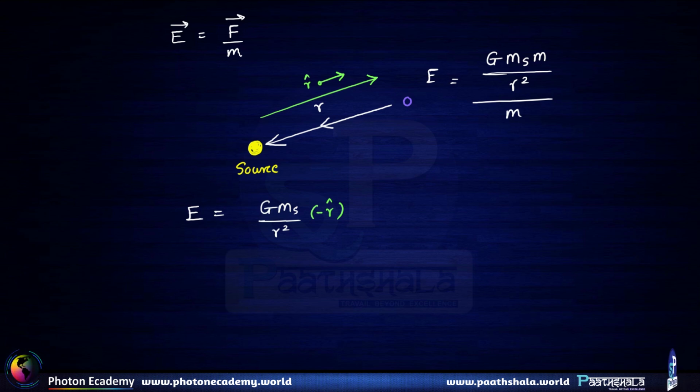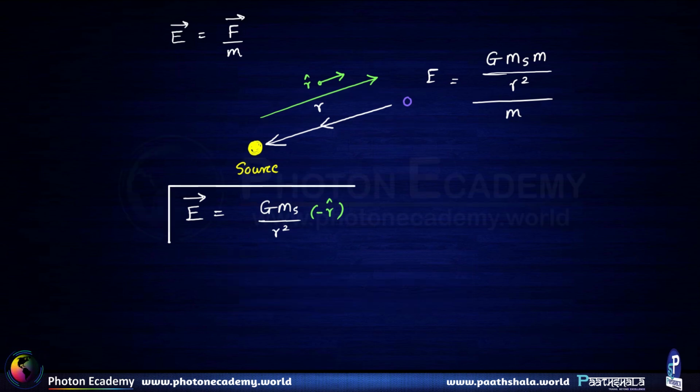So the gravitational field as a vector quantity will be given as Gm upon r square, and minus r cap being the direction. So this is the gravitational field.